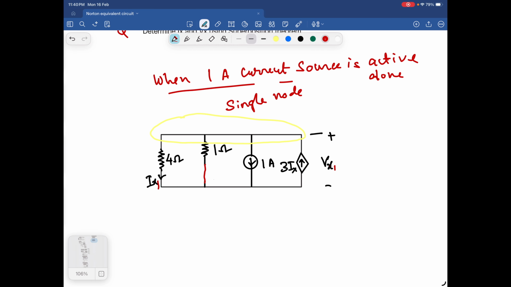As this is only a single node, I can see this Vx1 across the same voltage.